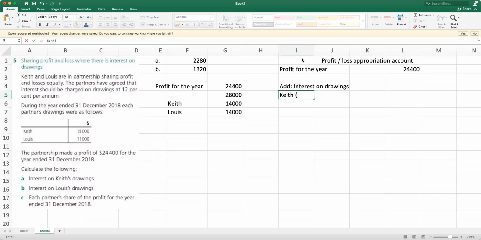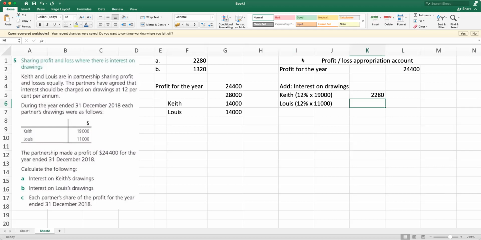So you need to show your working here, which is 12% of 19,000, which equals 2,280. And then Louis will be 12% multiplied by 11,000. We will get 1,320. So the total will be here. We need to add them together before distributing the profit.